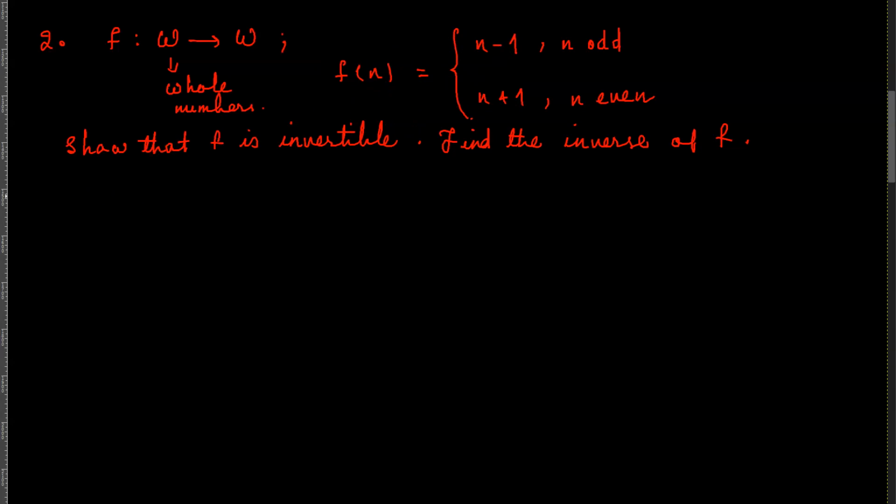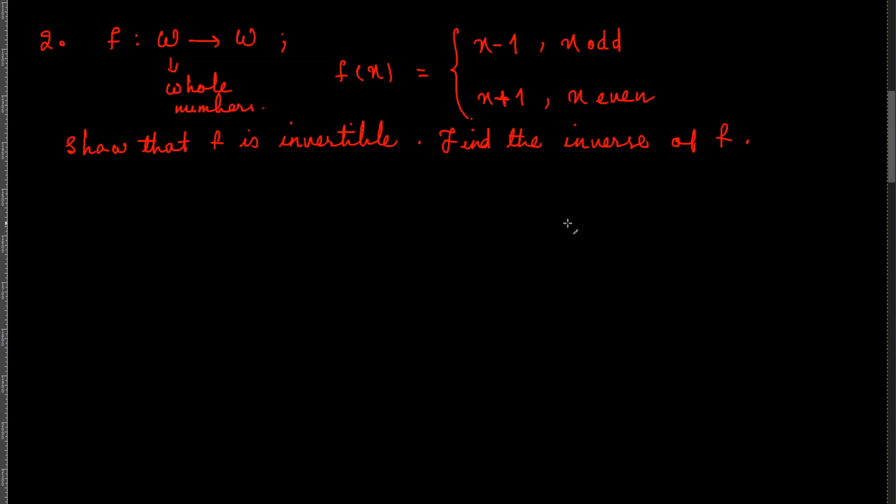It would be harder for me to understand everything. So I'm just going to change everything to x so that I can work with them. So this is f of x as far as we are concerned: x plus 1, x minus 1, and here x is odd, here x is even.